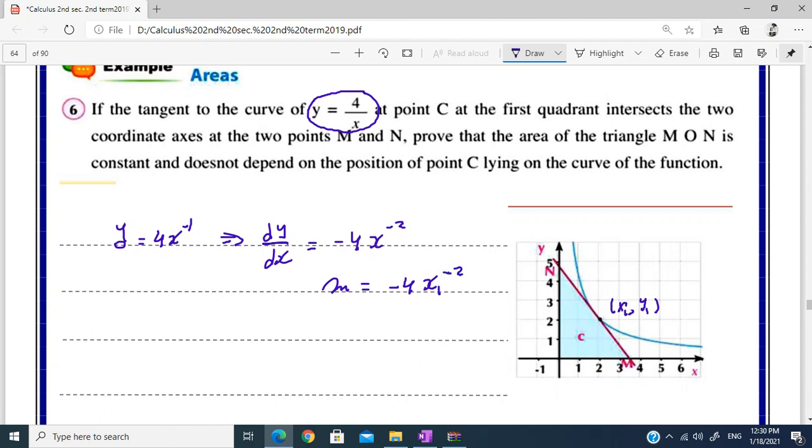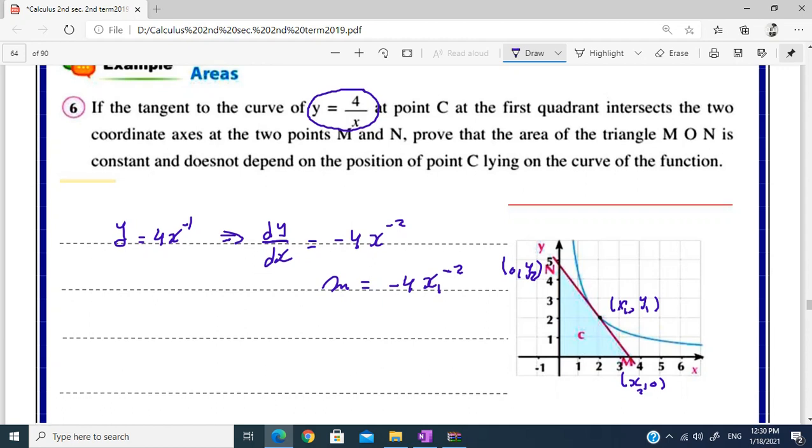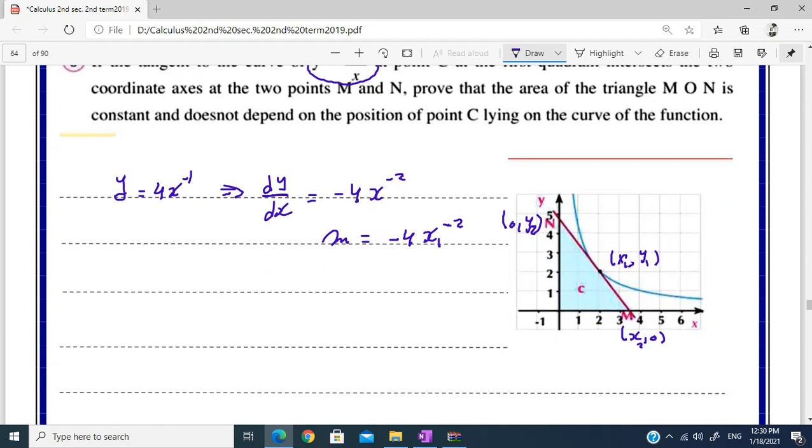The intersection at M is at (x2, 0), and here at (0, y2). So we can get the equation of the tangent.